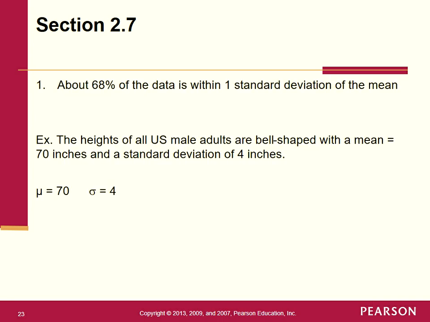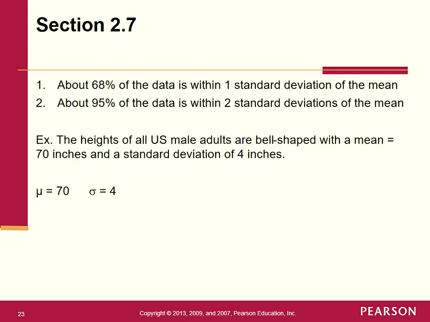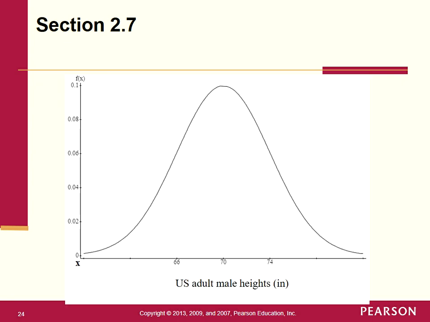All right, here's the second part. The second part says about 95% of the data is within 2 standard deviations of the mean. All right, well, let's go back to our graph. So right now we've only gone out 1 standard deviation from the mean. We got to go out 2 standard deviations from the mean, right? Both directions. So let's see, 74 is 1 standard deviation. We got to go out another 4 units. That would take us to 78. And then 66, that's 1 standard deviation to the left. We got to go out another standard deviation, right?